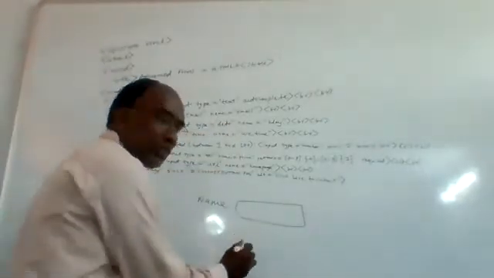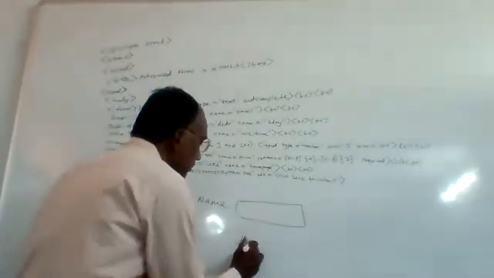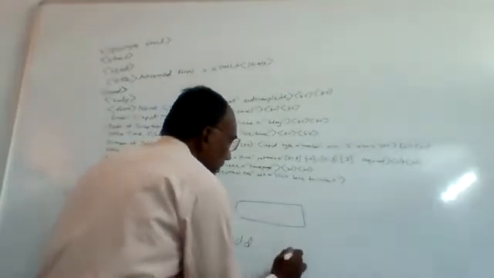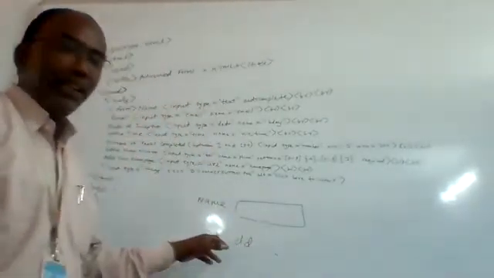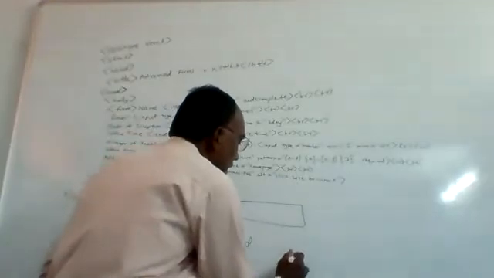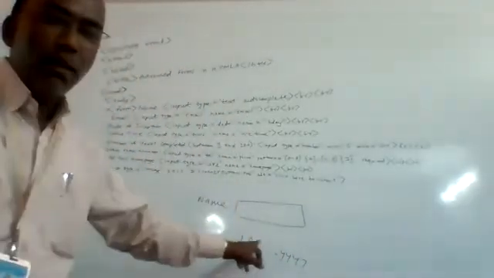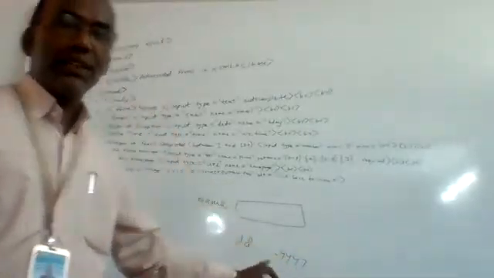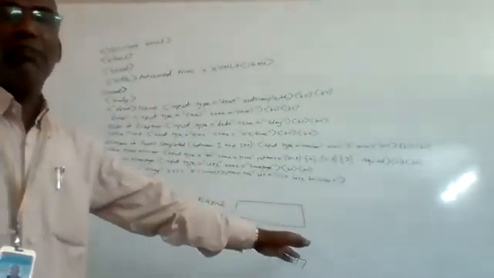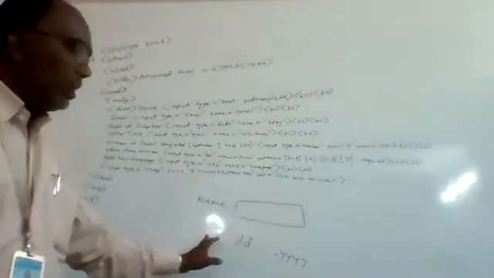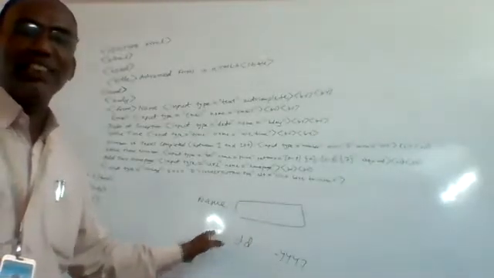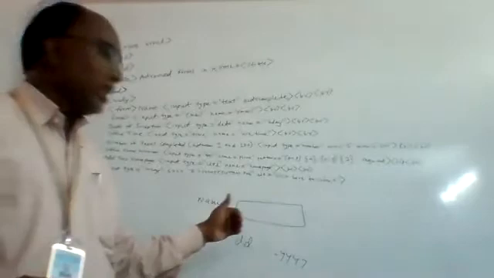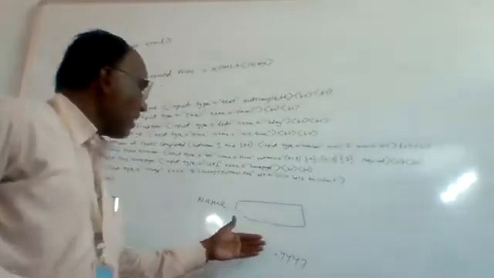So it will ask for date, month and year, DD, MM, YY. At the time of inputting the data, when the user clicks here, it will display a pop-up menu.